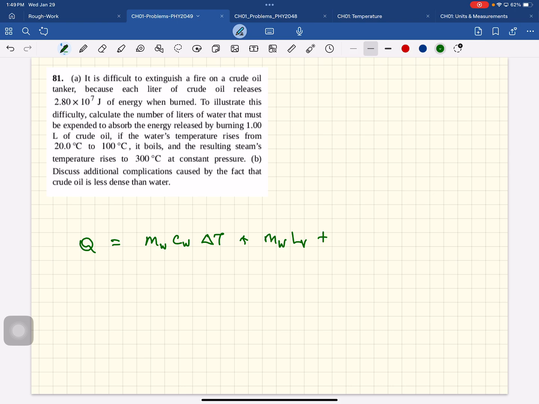Then you're going to warm the same mass from 100 degrees to 300 degrees Celsius. So the question is, how much water can you do that to?